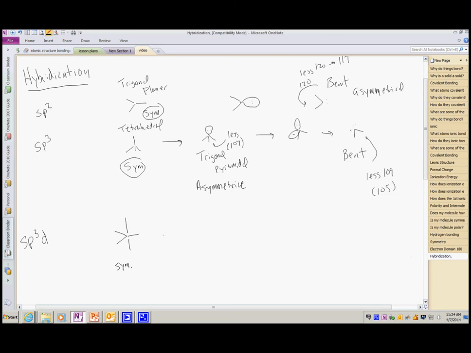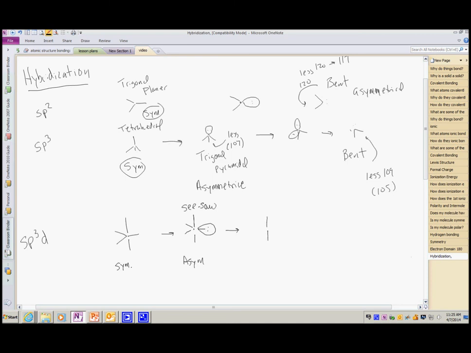If I were to remove one of my bonded pairs and create an unbonded pair, which is going to make it asymmetrical, then it looks like this. Up, down. Keep my equators and lose one of my equators. We call this seesaw. Lose another one.